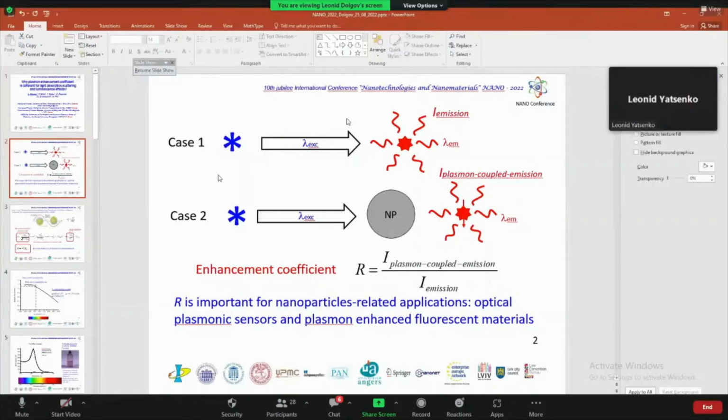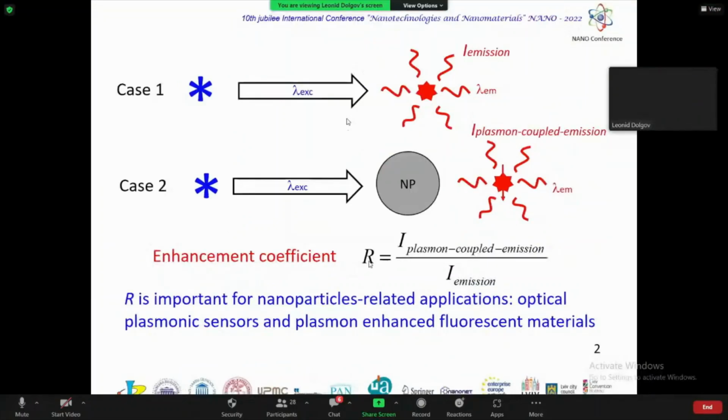We see full screen. So the situation I would like to talk about is when we are interested in the ratio of two intensities. One is the intensity of plasmon coupled emission.